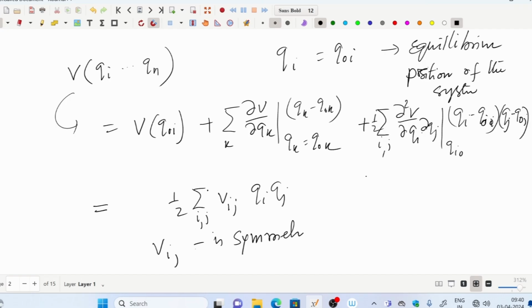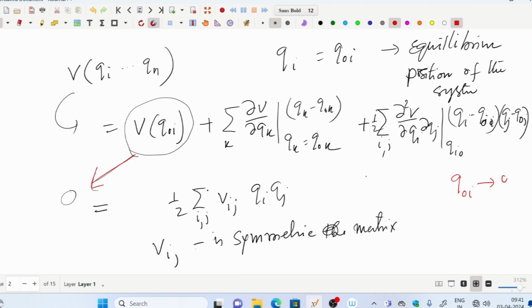You may recall that we consider this constant term to be 0 by choosing the zero of the potential energy, and also we can choose our coordinate system to take the equilibrium position to be at the origin. So in this situation you can write this.